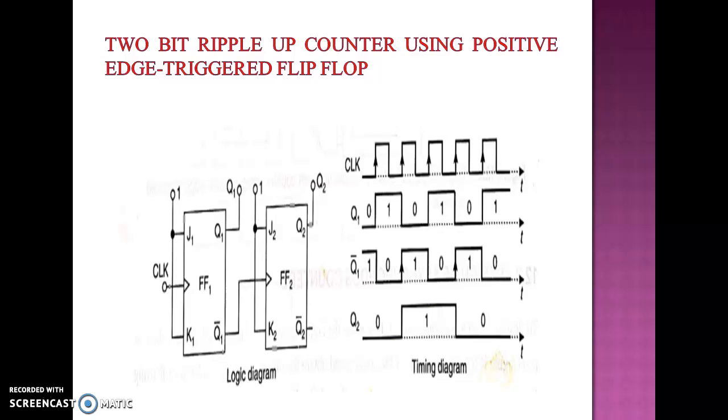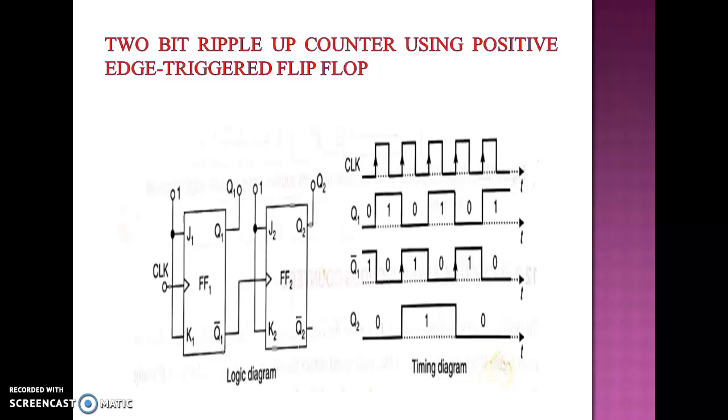Next, 2-bit ripple up counter using positive edge trigger flip-flop. A 2-bit ripple up counter using positive edge trigger JK flip-flop and its timing diagram is shown in the figure. The Q1 bar output of the first flip-flop is connected to the clock of the second flip-flop.